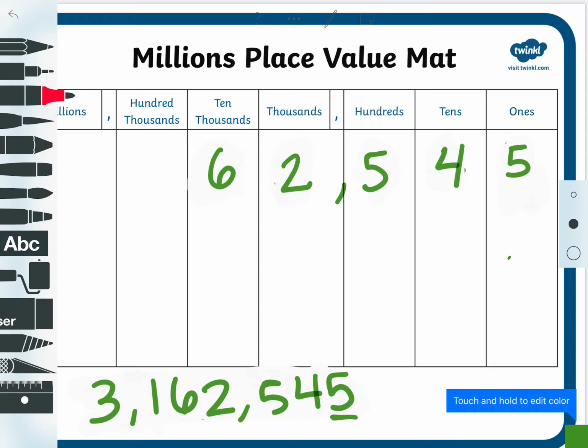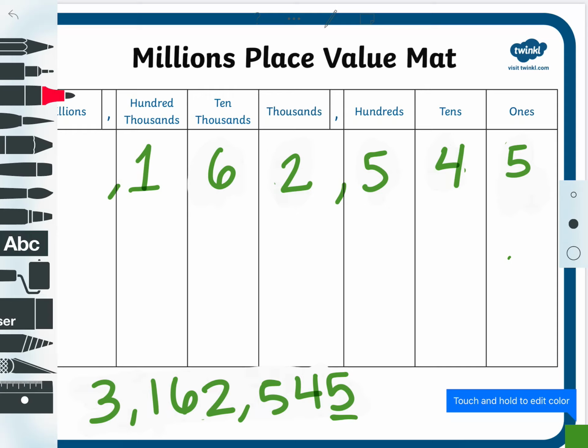Let's take a look at that 1 now. What place value is the 1 in? Count your spaces. If you said 100,000s, you are correct. And our last number. Oh, but before we go to the last number, make sure you write that comma down. Remember, for every 3 spaces, we're going to have a comma. So let's take a look at that 3. What place value is that 3 in?